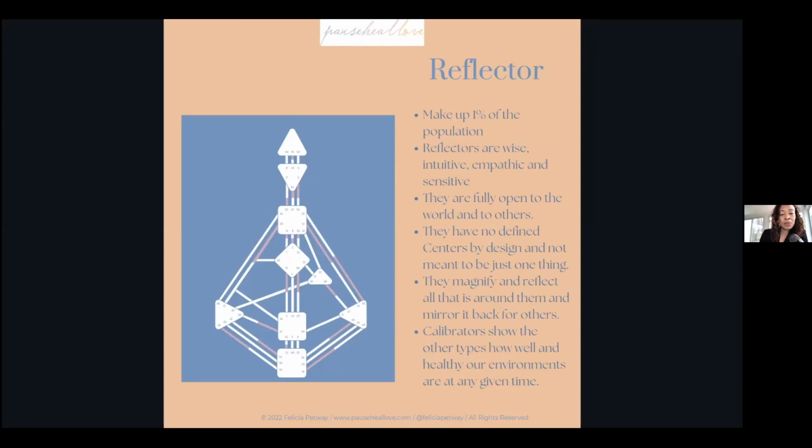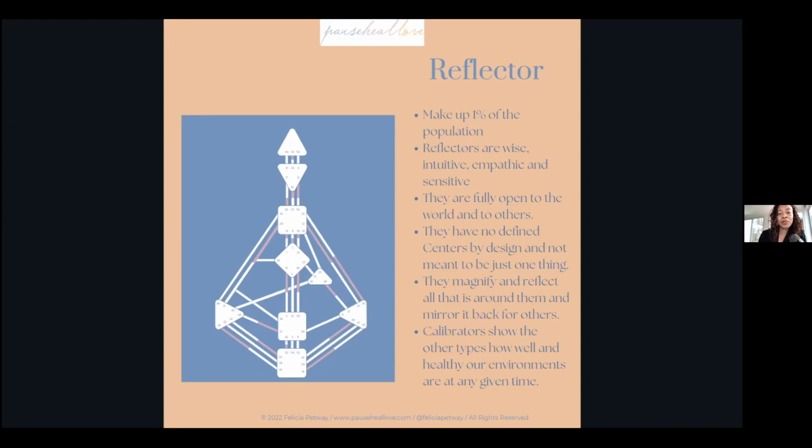They have no defined centers by design, and they are not meant to be just one thing. Calibrators are chameleons. They are able to be everything and anything they desire. Calibrators show the other types how well and healthy our environments are at any given time.